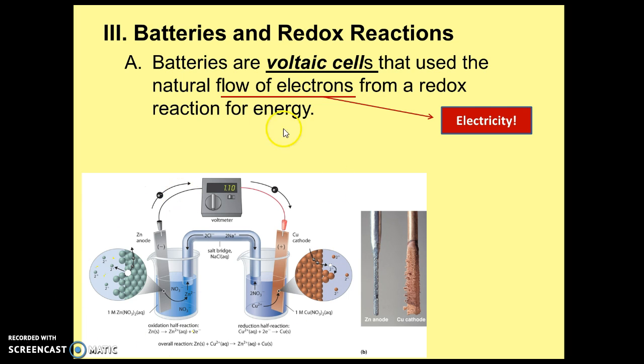So here's an example of a voltaic cell that you might set up in the lab, and we took a look at one of these in our virtual lab. So we have two electrodes, two pieces of metal, and we have two solutions. Okay, so when we place these in solution, we have one side that's going to be reduced.